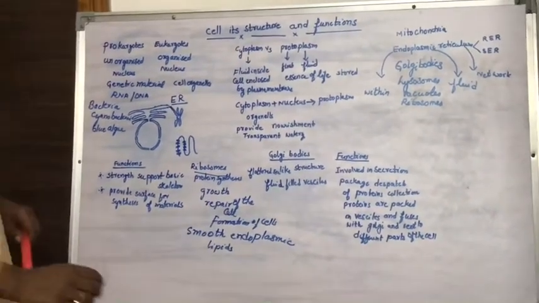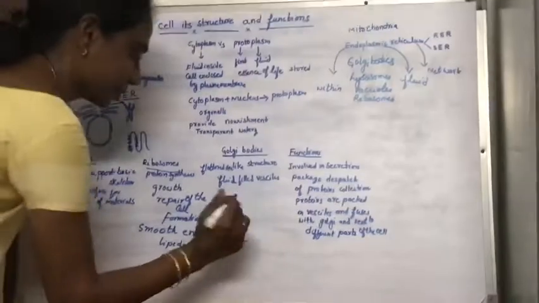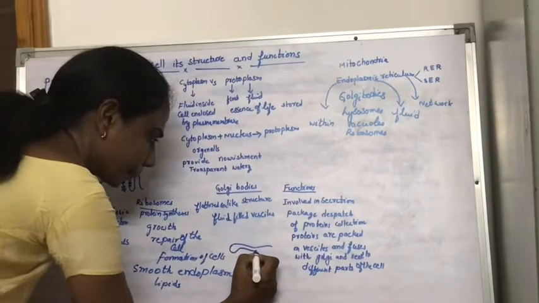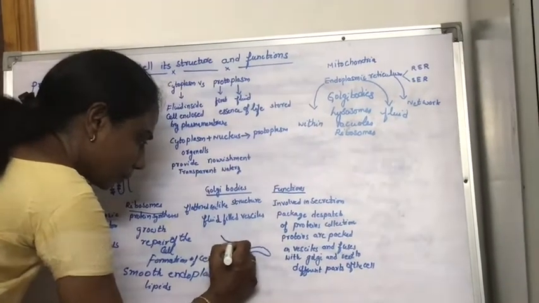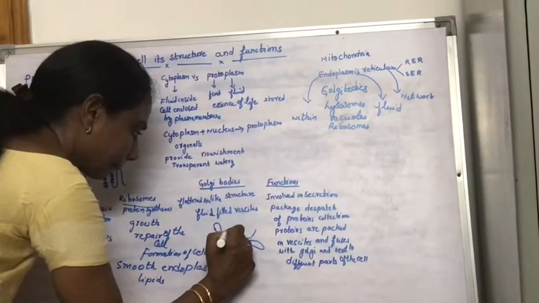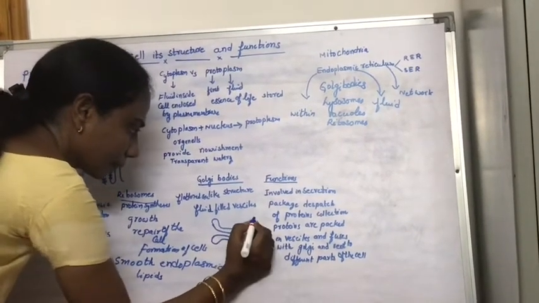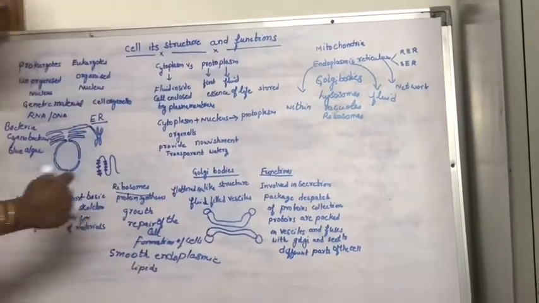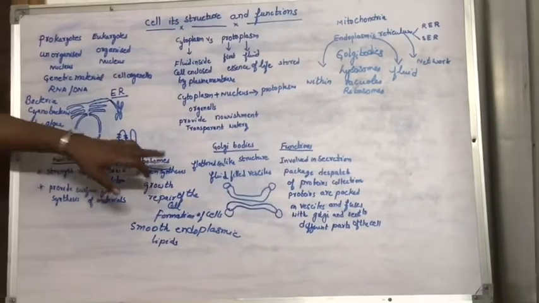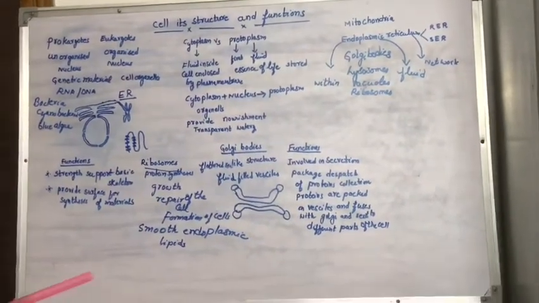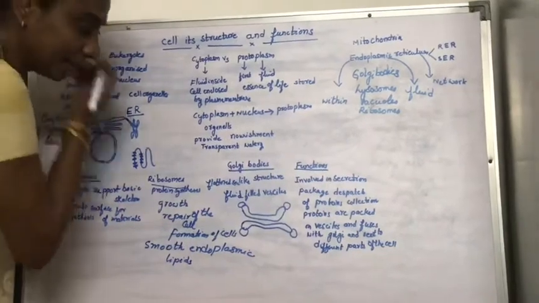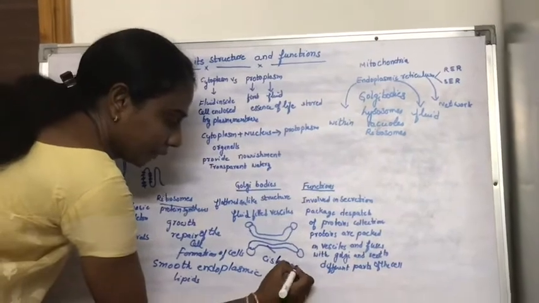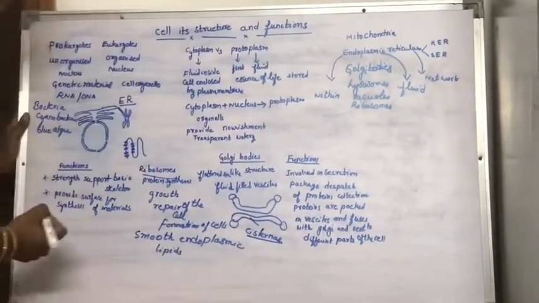These Golgi bodies are flattened sac-like structures, and these flattened sac-like structures we call cisternae.